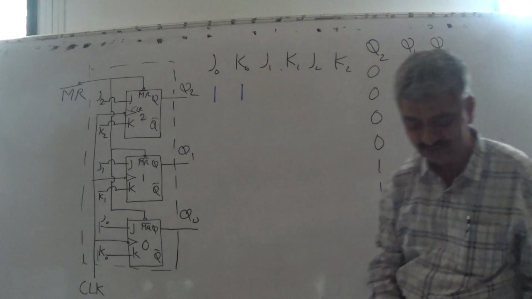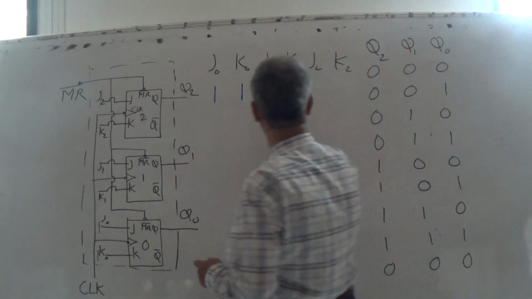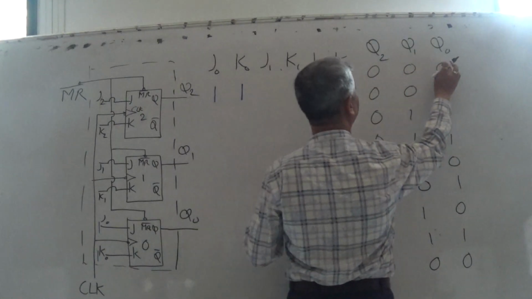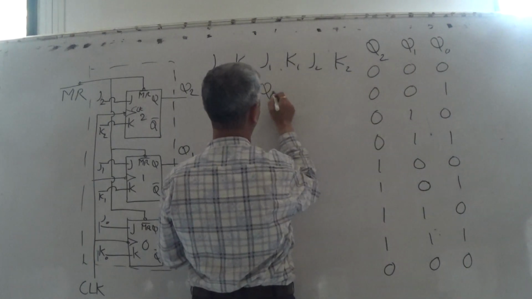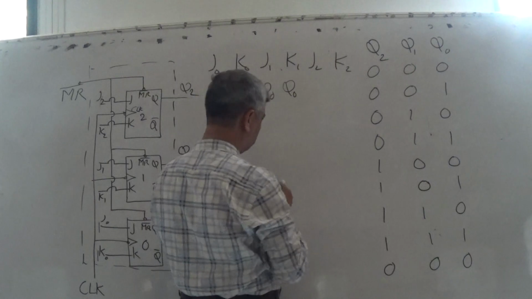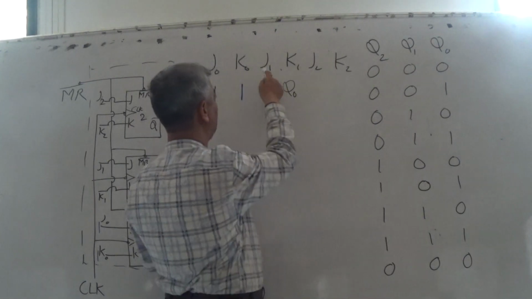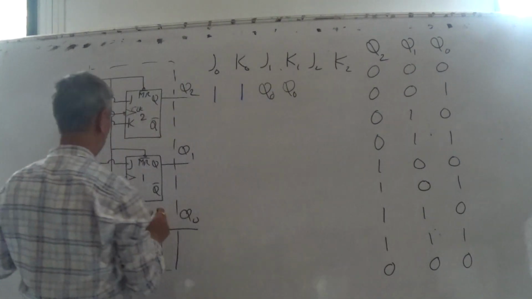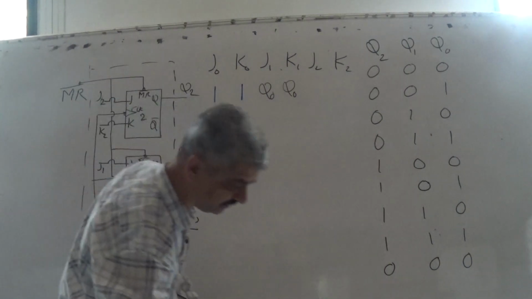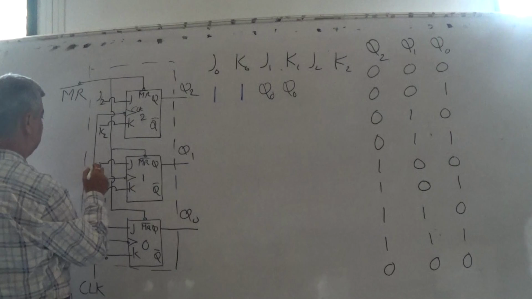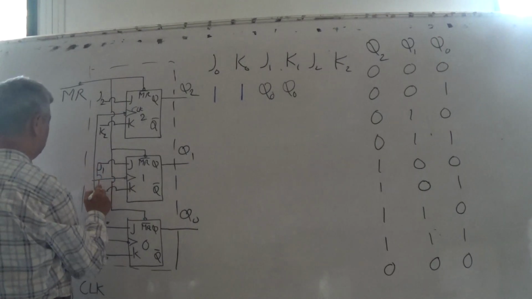So, J1 and K1 both are to be Q0 itself. So, if both are 0, I will connect Q0 to J1 and K1. I am showing you in a different color. I will connect Q0 to J1 and K1.